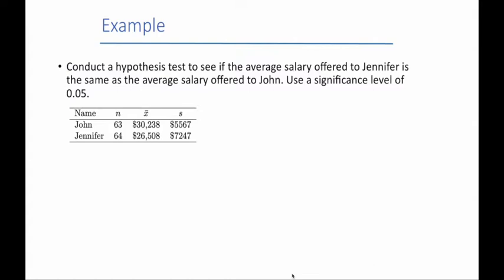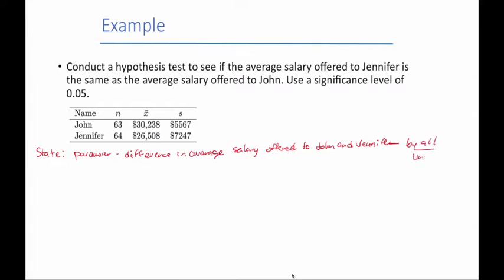So, 4-part hypothesis test. We're going to state the parameter, which is the difference in average salary offered to John and Jennifer by all universities.